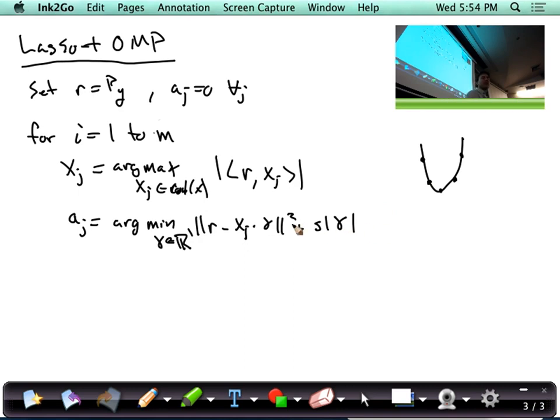So you can solve this explicitly, if you're careful about it. If you wrote this down and looked at the function, it's going to be piecewise quadratic, and it's going to be convex. So you can solve for this value gamma, which minimizes the value a_j. And once you have this a_j, this gives you the jth coordinate. So now I need to reset this residual.